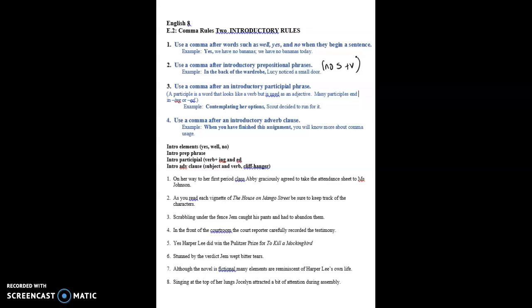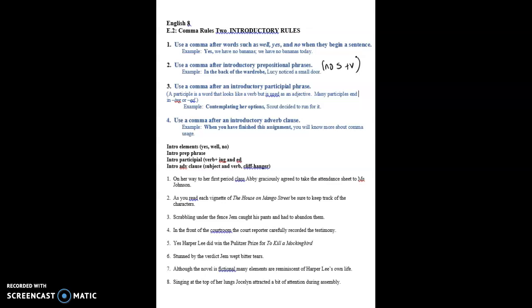And if it is a verb and it has an ing or an ed at the end of it, and it is used as an adjective to describe your subject, then you have a participial phrase. Now, sometimes you don't have an ing or an ed at the end of it because it's an irregular verb. We'll see an example of this in one of the sentences. But you do have irregular verbs that may end with an N or something else.